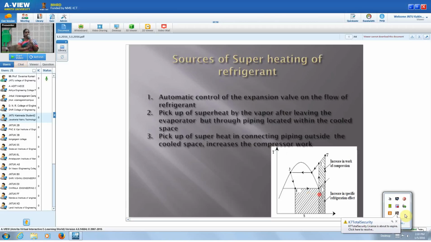So the refrigeration effect is increased by the area under the curve 1, 1 dash. The work input is also increased by the area between 1, 1 dash and 2, 2 dash. Whenever the increase in refrigeration effect is more compared with the increase in the work input, COP always increases. But superheating is not always preferred.